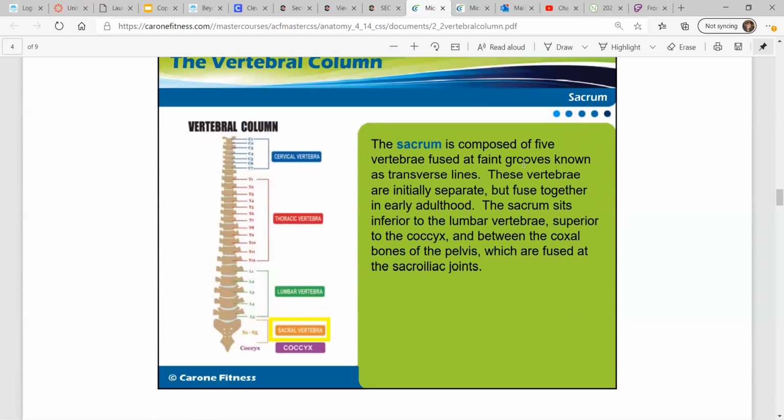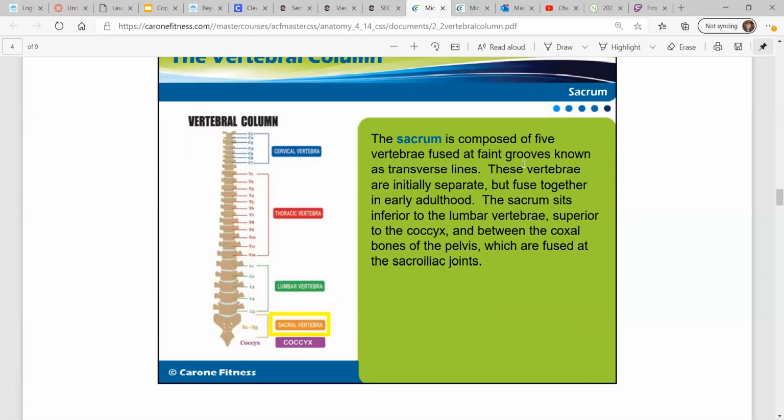The sacrum is composed of 5 vertebrae fused at faint grooves known as transverse lines. These vertebrae are initially separate, but fused together in early adulthood. The sacrum sits inferior to the lumbar vertebrae, superior to the coccyx, and between the coxal bones of the pelvis, which are fused at the sacroiliac joints.